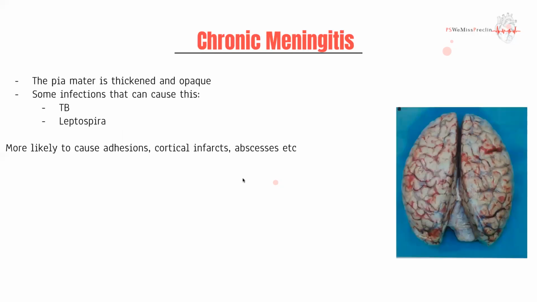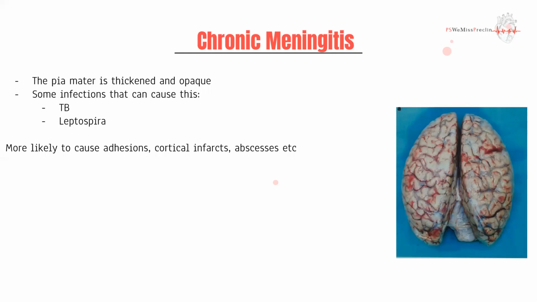A complication I'd like to talk about very briefly is chronic meningitis, a suppurative complication where you don't actually treat the meningitis to a significant enough level, and you end up with meningitis that's chronic. You can also have chronic meningitis with a few other bugs. The way I like to think about it, bacterial meningitis is short and hard, so it hits you hard, but it's usually relatively acute.